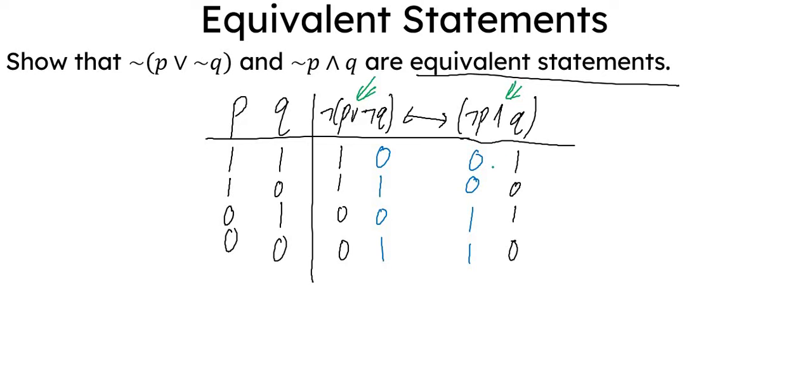So I will first use this one. Since this is AND, false and true is false, false and false is false, true and true is true, true and false is false. Similarly, I will have true or false is true, true or true is true, false or false is false, false or true is true.